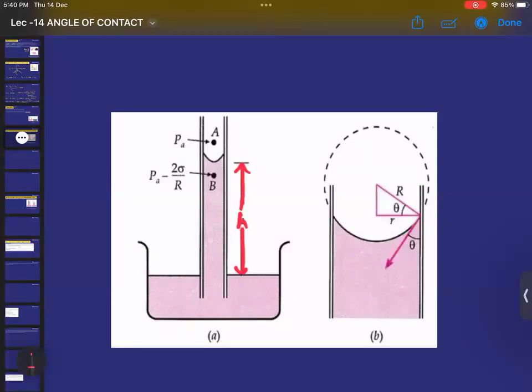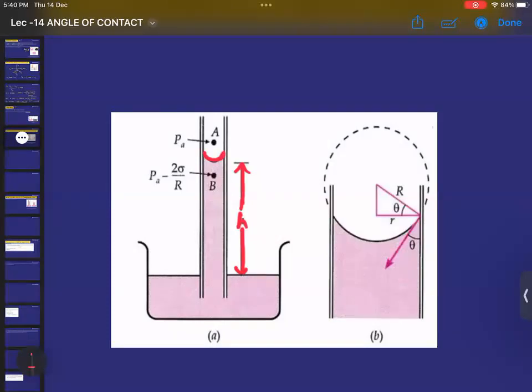Yes or no? Yes, sir. When this liquid has a tendency to get raised, if you look with a microscope from the top, will it take a concave meniscus shape or a convex meniscus shape? Obviously, concave meniscus.